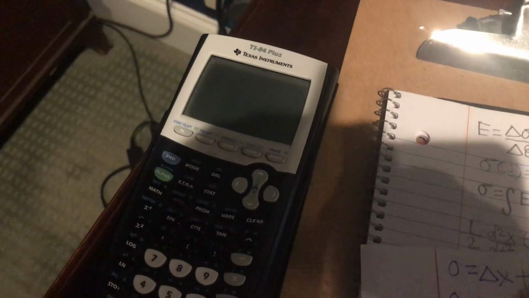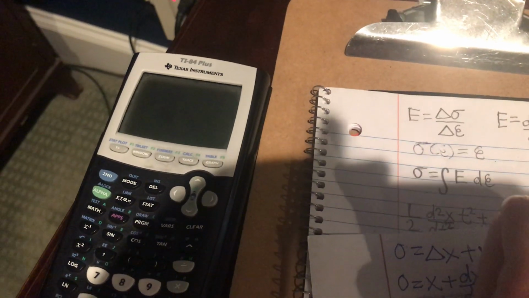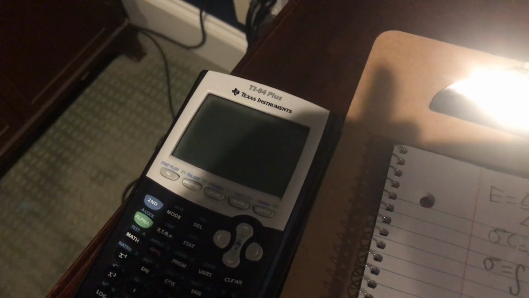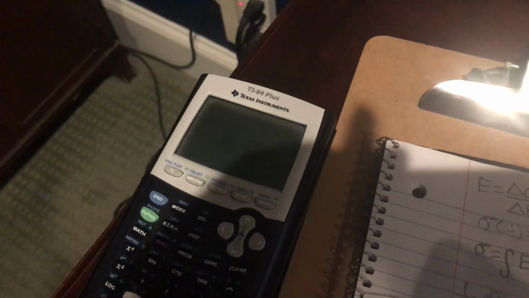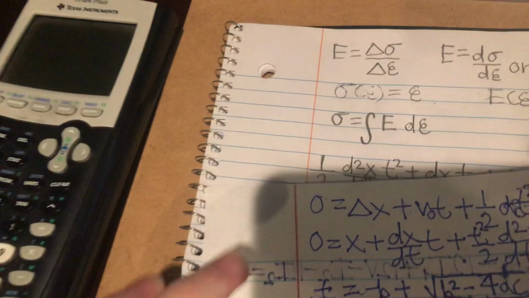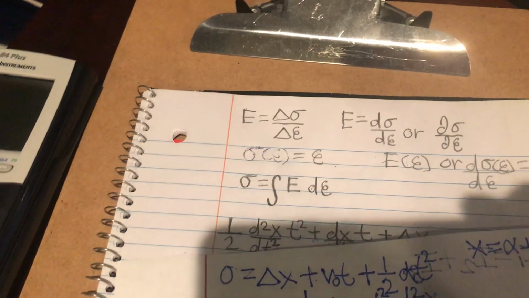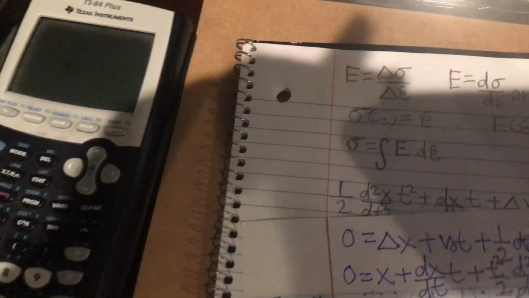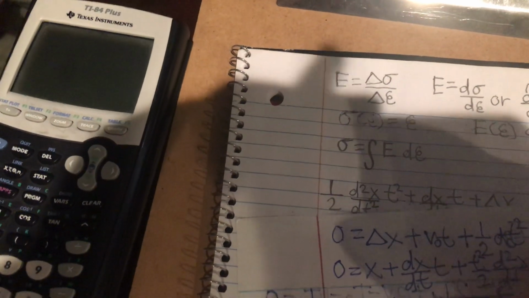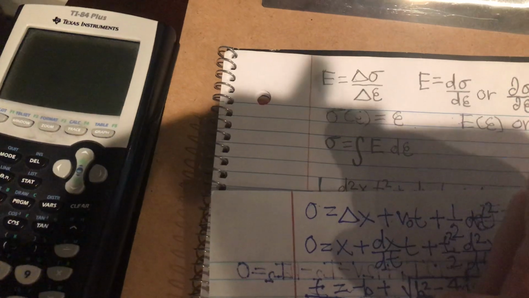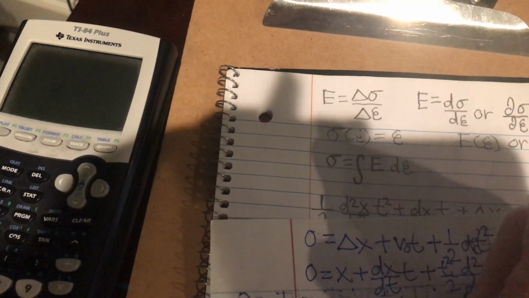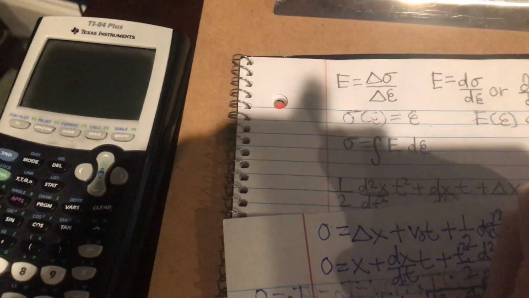The first time, b is negative 1, so negative 1 plus or minus the square root of 1 squared minus 4ac, all divided by 2 times 1.